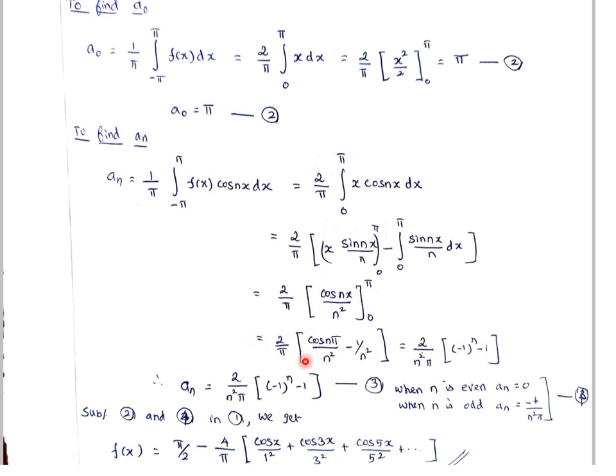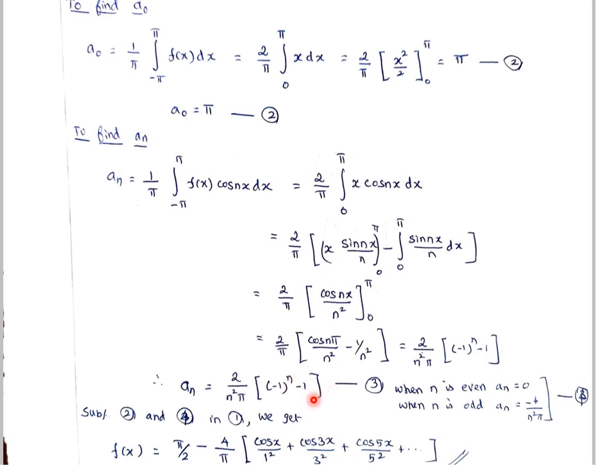Therefore, 2 divided by n square pi, cos n pi value minus 1 whole to the power of n, minus 1. We are taking n square commonly outside. Therefore, that is equal to 2 divided by n square pi into minus 1 whole to the power of n minus 1. Therefore, an equal to 2 divided by n square pi into minus 1 whole to the power of n minus 1.